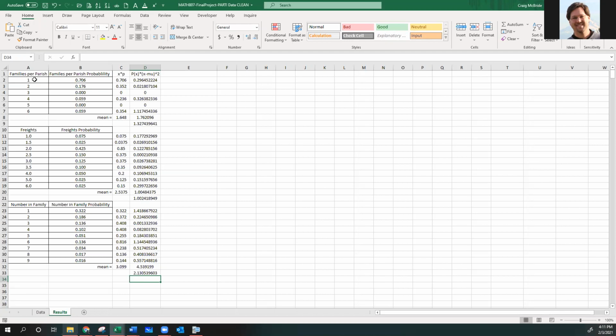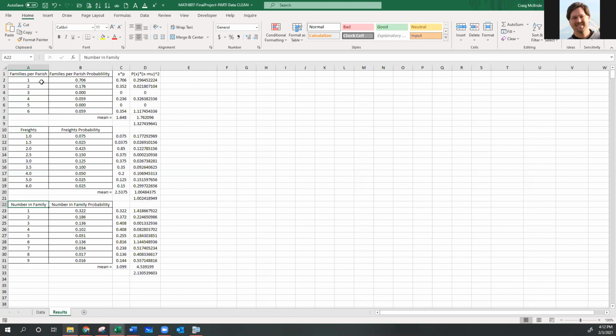To do the mean, it's simply the X value. This is considered our random variable. Our random variable is families per parish, and it can take on these 6 different outputs, just like our freight random variable can take on these 8 different things, and number in families can take on 9.